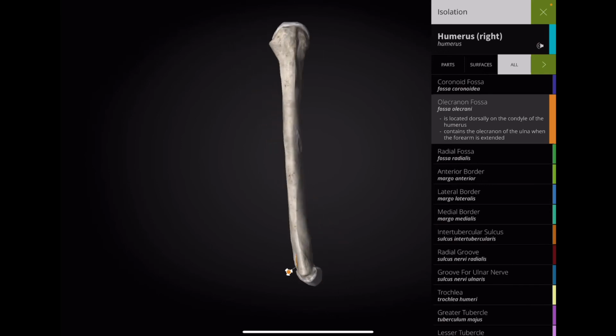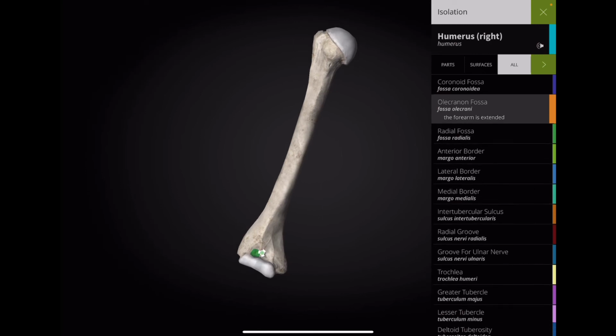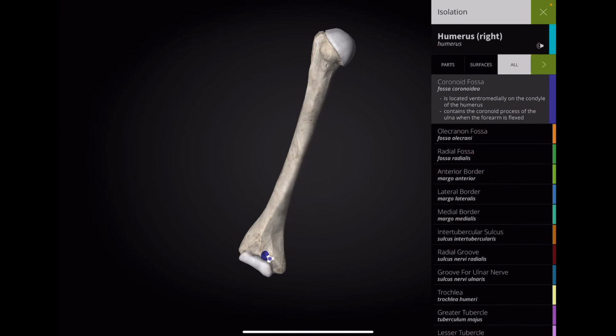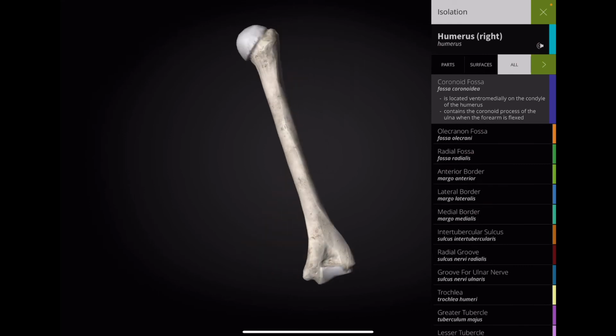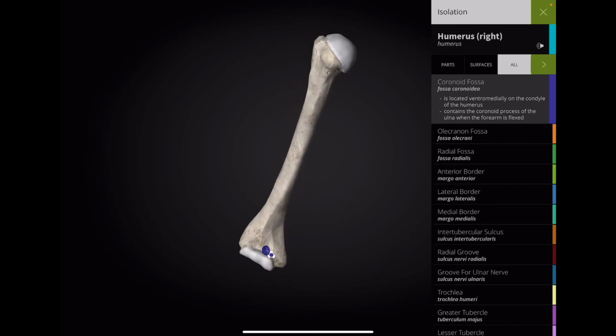There are different ways through which you can identify whether this humerus is the left bone or the right bone. The way that I normally do it is by looking at these fossas. I know that these two fossas have to be on the anterior aspect, and I know that the olecranon fossa has to be on the posterior aspect. So I normally use those two to identify which part is anterior and which one is posterior.